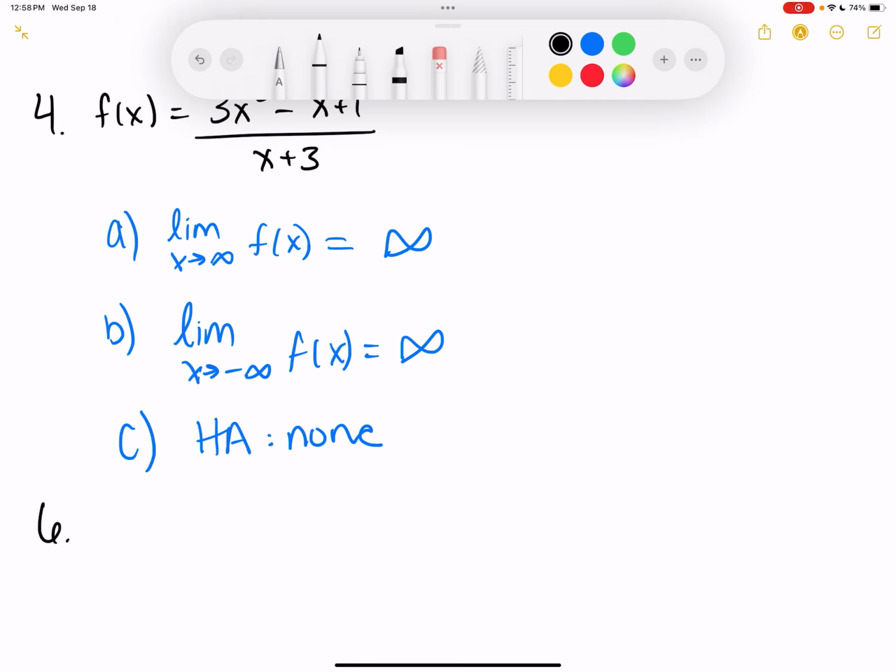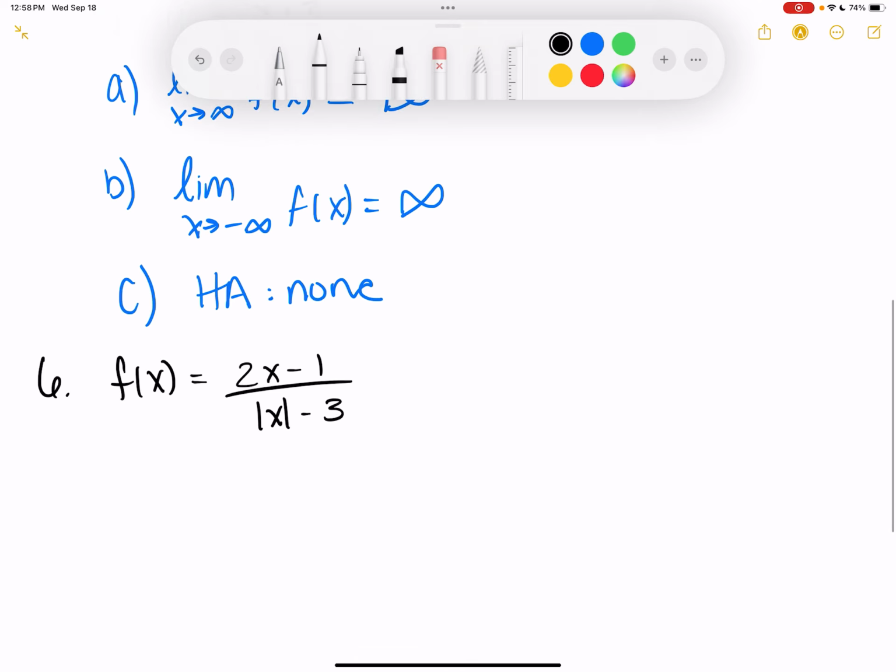Number 6. F of x equals 2x minus 1 over the absolute value of x minus 3. That's convenient. So the limit as x approaches infinity would be what?